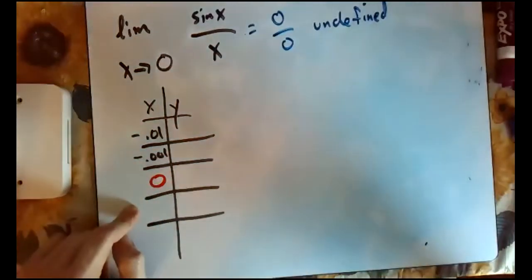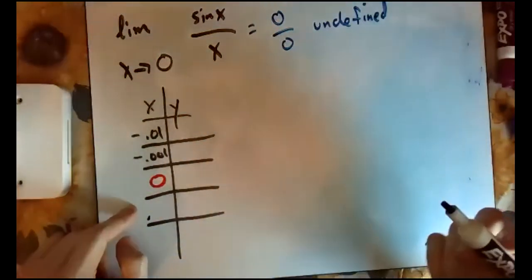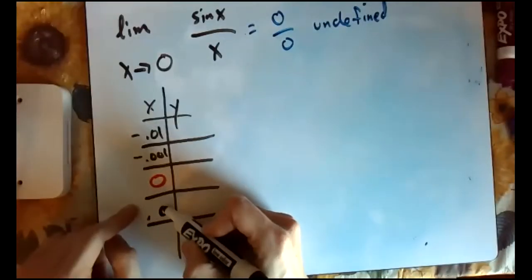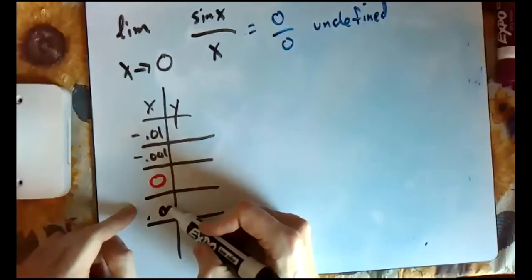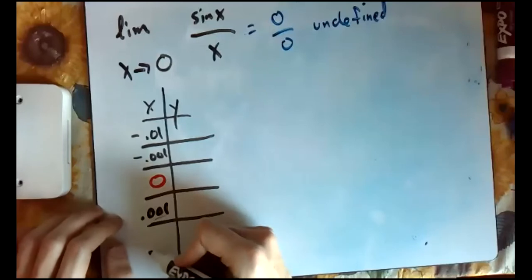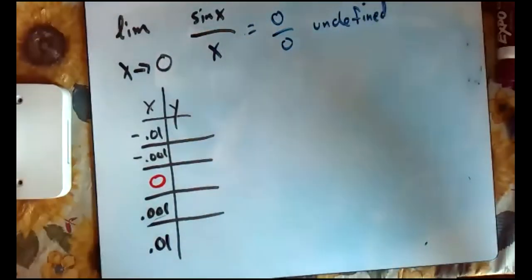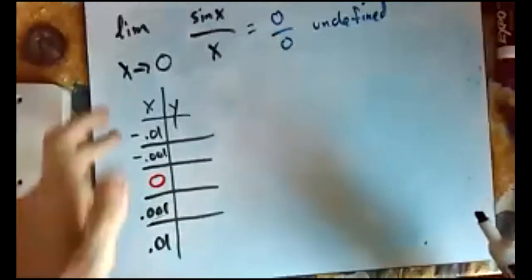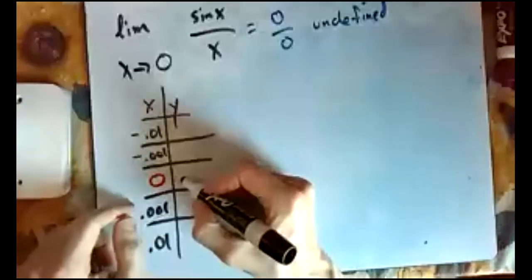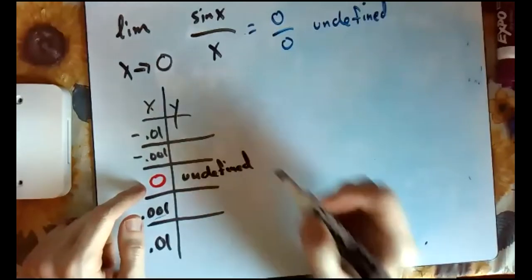Same thing on the other side: 0.001, and then also 0.01. Again, I'm just choosing these x values. It's up to you to make them up, but usually you want them to be symmetric if possible, just opposites of each other. We can't even directly plug 0 in because we get undefined.